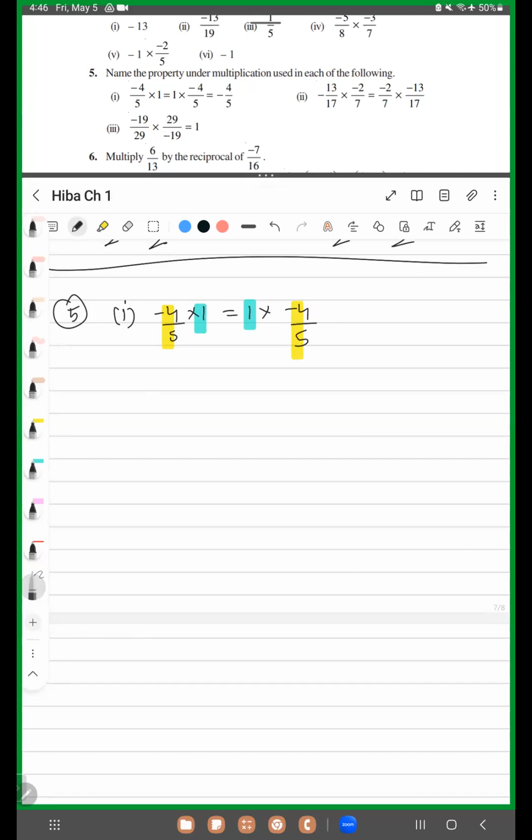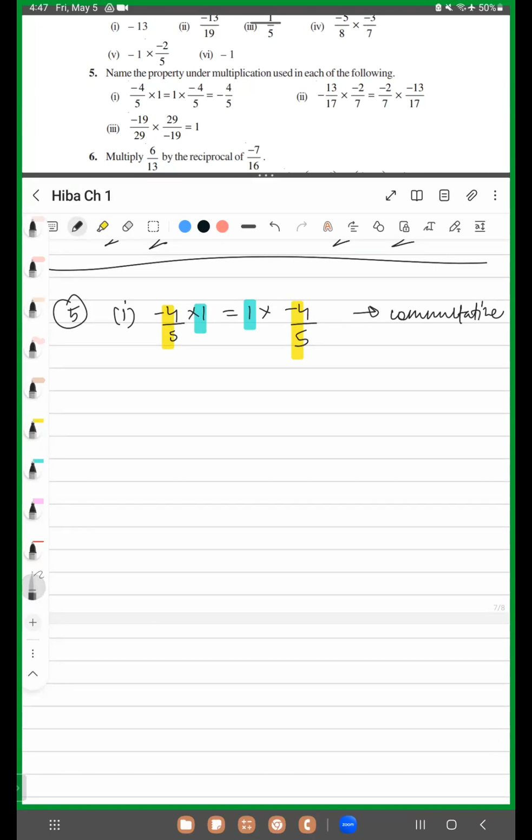Distributive. No, this is not distributive. With commutative. Yeah, this is commutative. हिबा आप इसको अच्छे से प्रैक्टिस कर लीजिए इस चीज की, ठीक है? You need to know the names of the properties, ठीक है? Okay. सेकंड वाला बताइए.